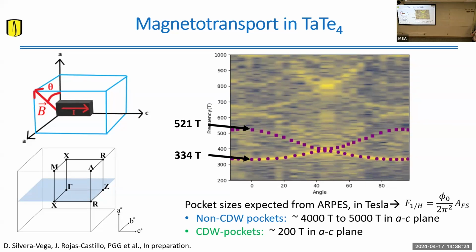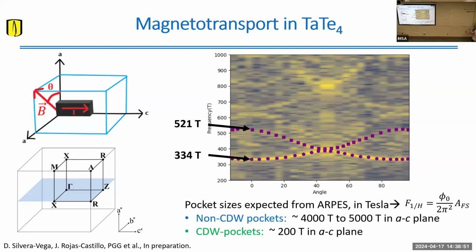All right. So here we see, if we focus now on the lower frequencies, for the higher frequencies we have nothing. For the lower frequencies, which are of the order of frequencies predicted by this reconstructed Fermi surface from ARPES, if you calculate these cross-sectional areas, the frequency range would be of the order of 200 Tesla, and we do see a lot around 200 Tesla.